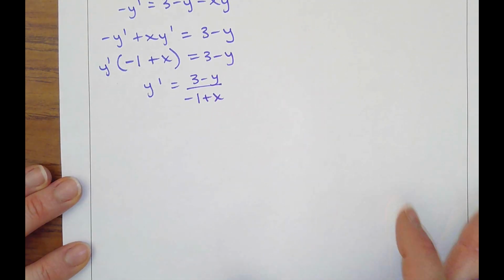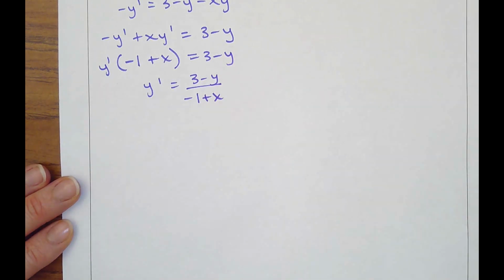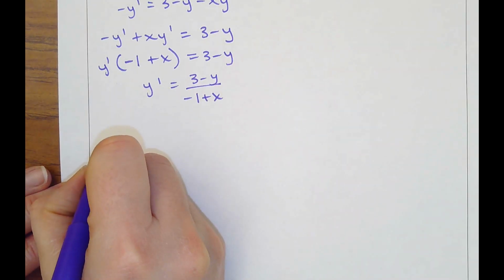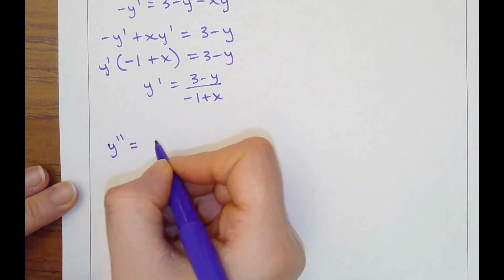Okay, so now we've got to go again, and I'm going to have to use the quotient rule. So I don't have to do anything to y prime, I'm just going to say this is y double prime.